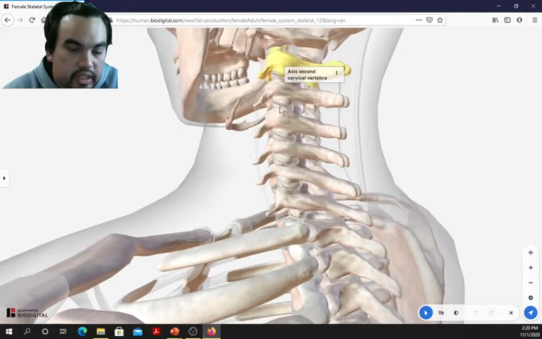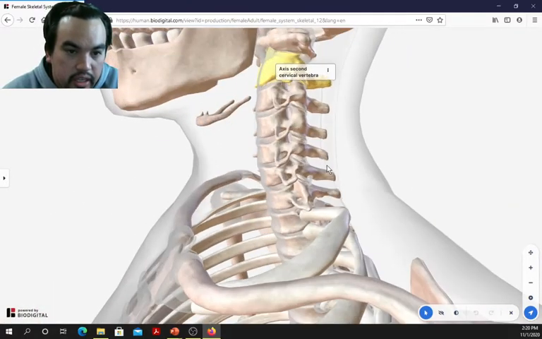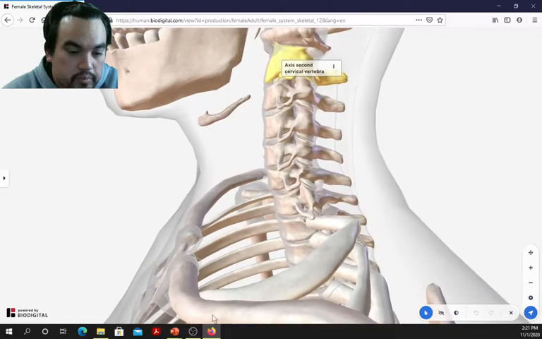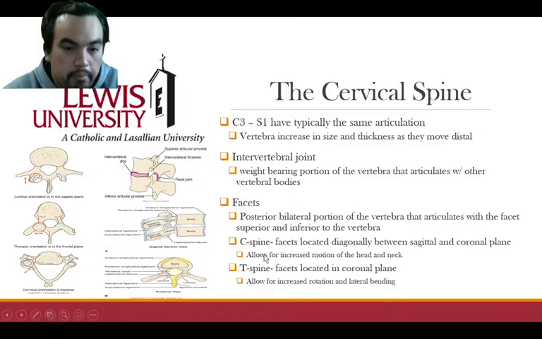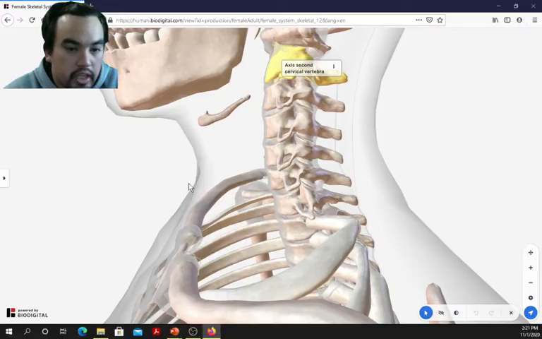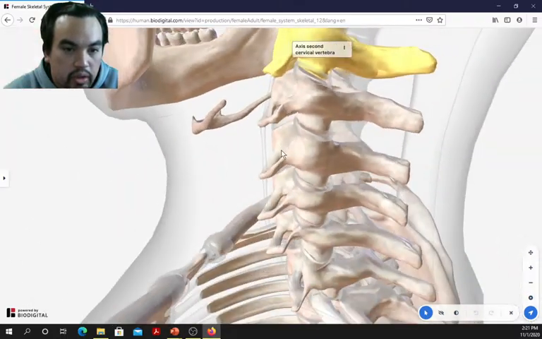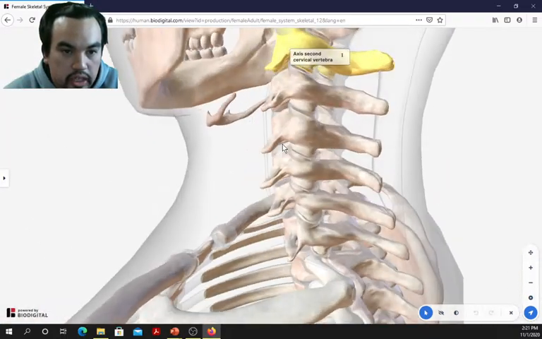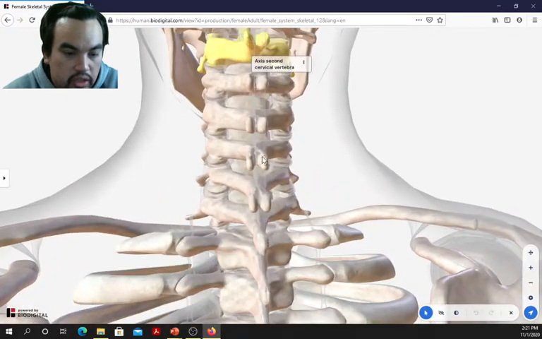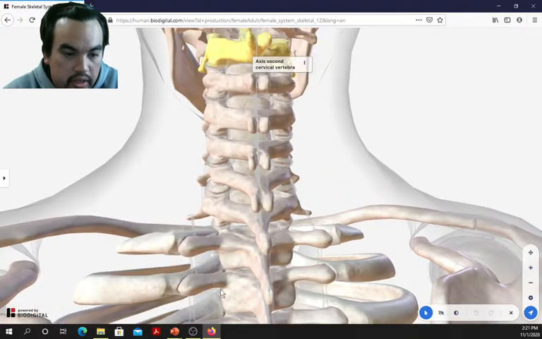So you see these facets right here, how they articulate with each other. Right, so as I was saying, the C-spine facets are located diagonally, and they allow for increased motion of the head and the neck. So if you look at it, you can see that it's mostly what they're going to allow for is more rotation, right, because you're not going to run into these little wing facets as they get distal. You see how these are much wider here? They're going to hit things.